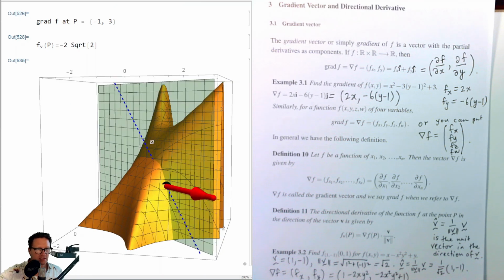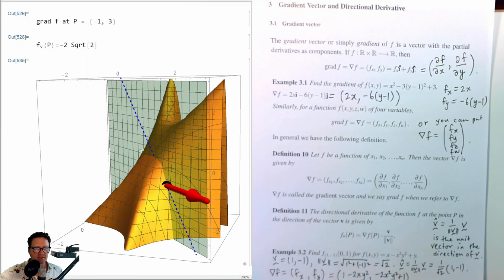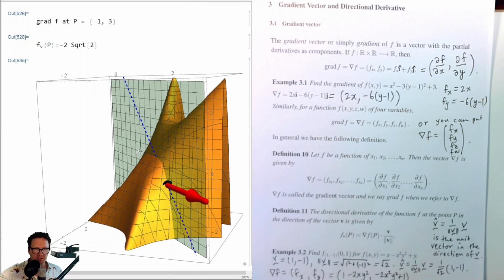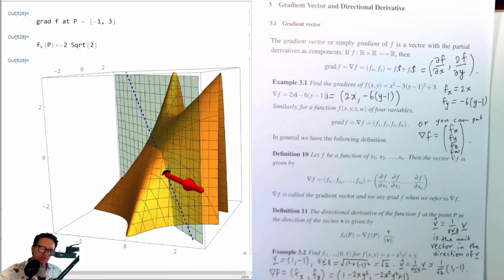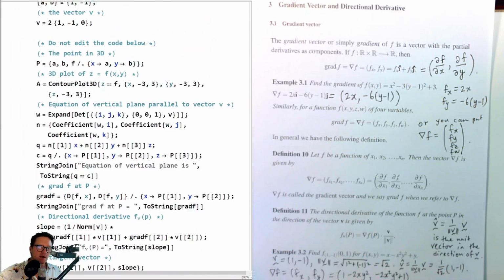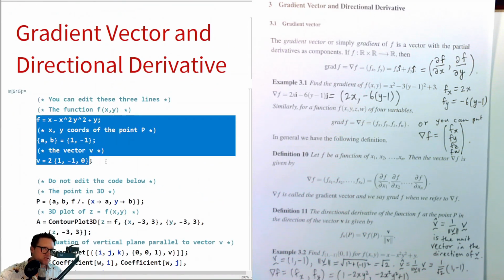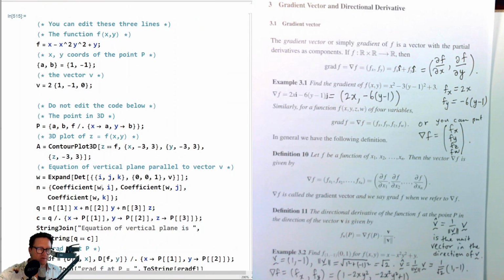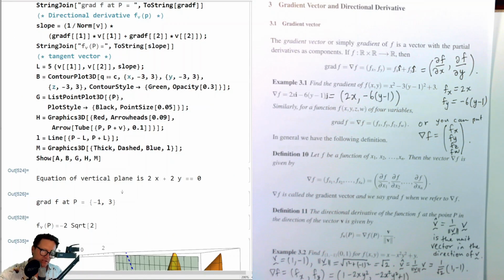So you can see this really does involve a lot of geometric thinking, so it's incredibly helpful to be able to visualize this. I'm going to make this little piece of code available to you so that you can play around with it, but I recommend just edit these 3 lines up here, right? And don't edit the code below, because that's the code that makes all of this visualization work.